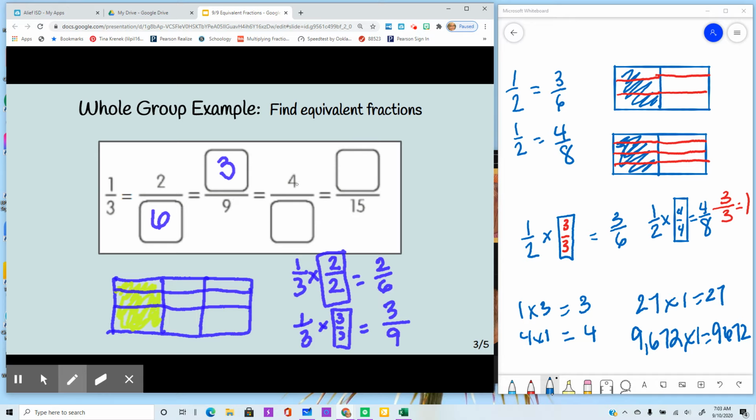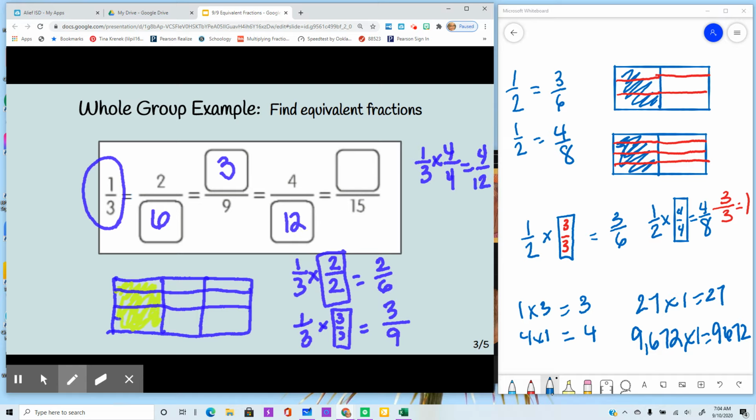So here I have 4, and we're going back to this original fraction of 1/3. What times 1 gives me 4? 4. So 1/3 times 4. If I multiply the numerator by 4, I must multiply the denominator by 4. That's going to give me 4/12.